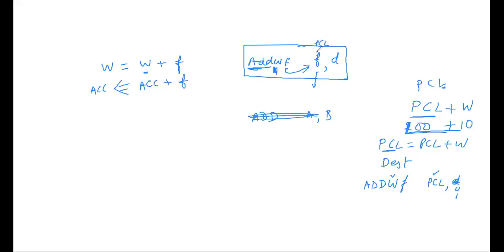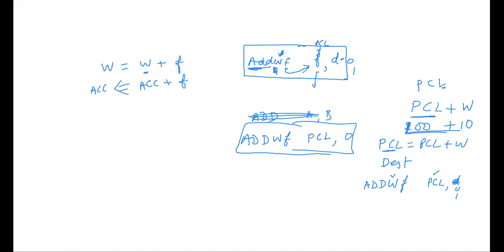You have to write it here for the F. Whether you want to make this as destination or this as destination, you can write D as 0 and 1. So your instruction will be add WF PCL comma 0. For example, you have to write the instruction this way. I hope now you are clear.